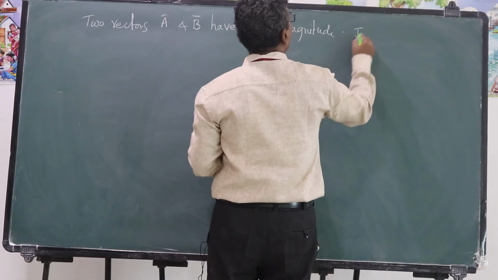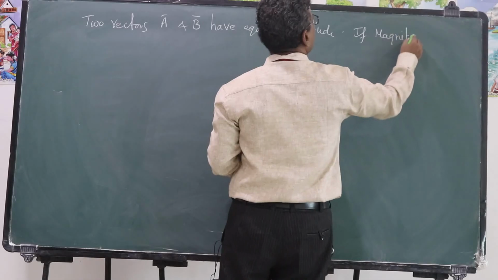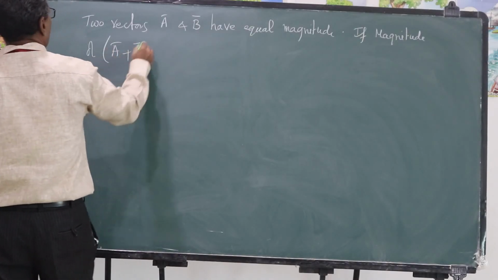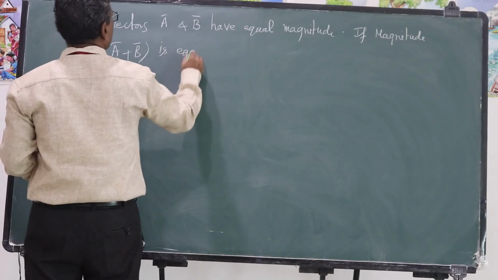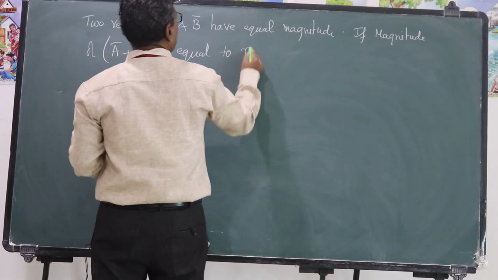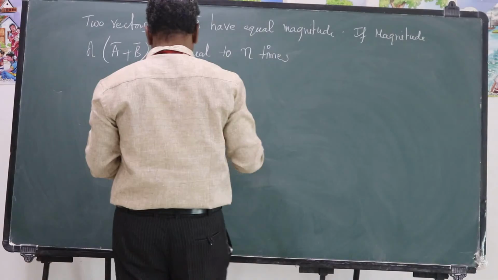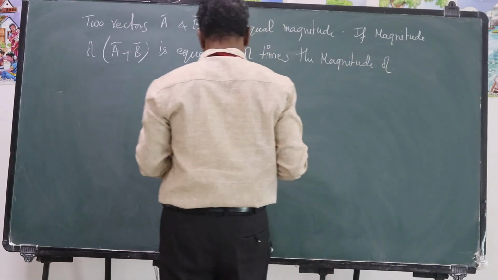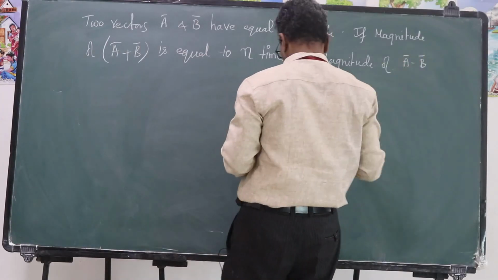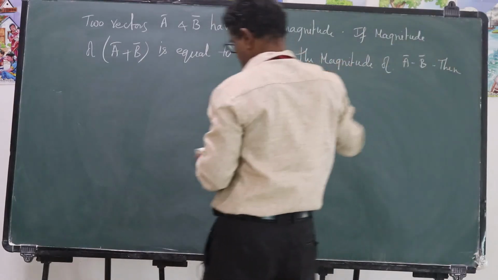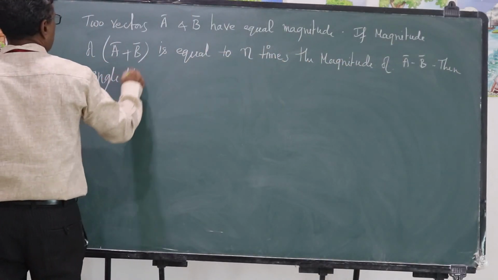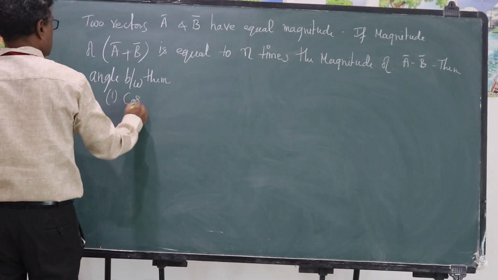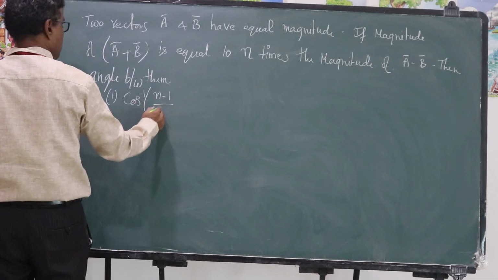If the magnitude of A bar plus B bar is equal to n times the magnitude of A bar minus B bar, then the angle between them is: first option, cos inverse n minus 1 by n plus 1.